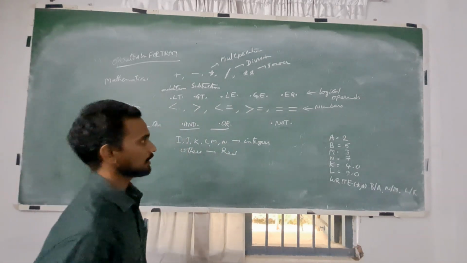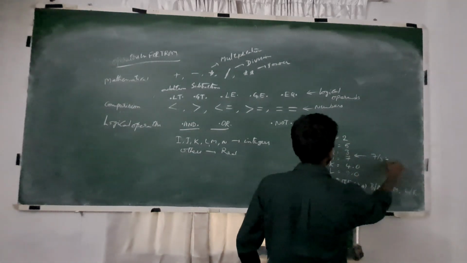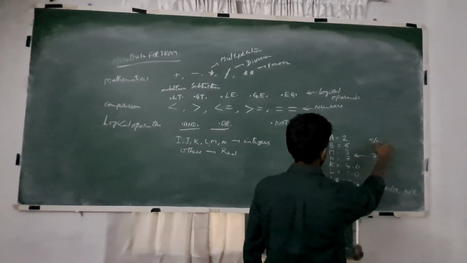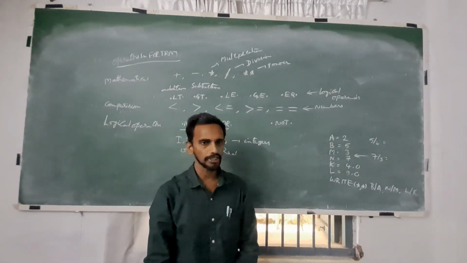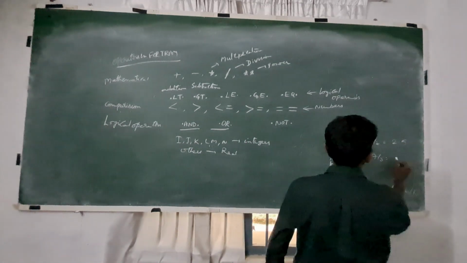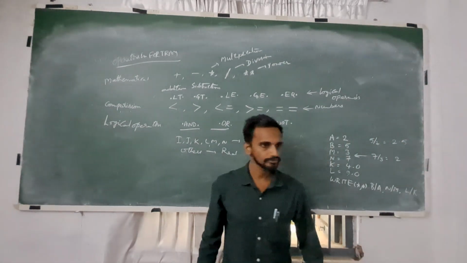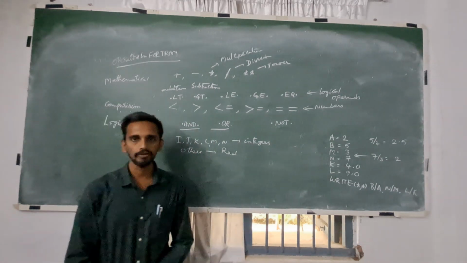So here the result is, let's say, 7 by 3. What do you get? 5 by 2 is a real number division. You should get 2.5. The result is a real number. So here it is 2. Integer division, I mean, the output will be only an integer.